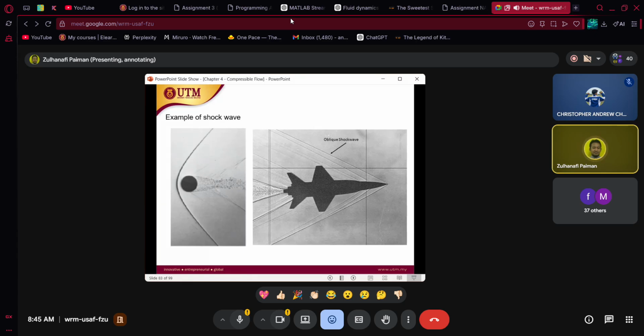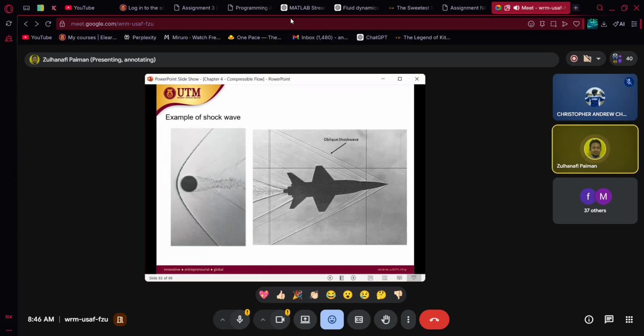When the bullet is traveling at supersonic speed, you can see a line in front of the object. This is what we call a shock wave.